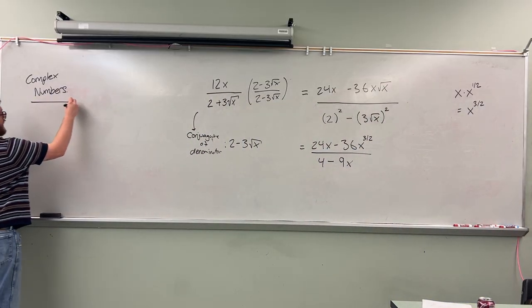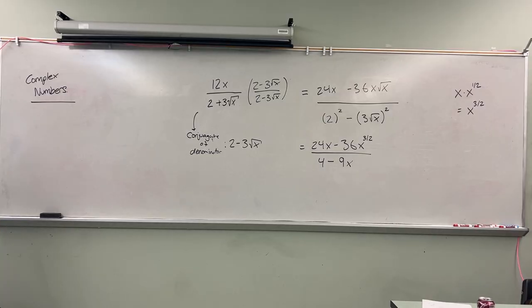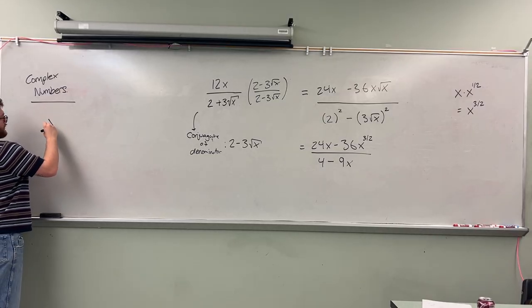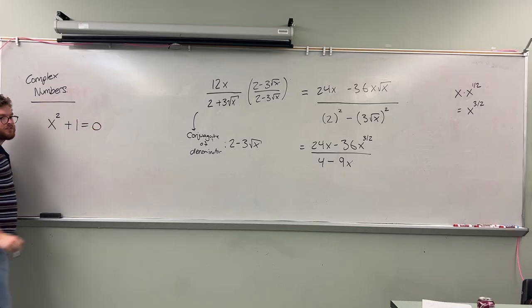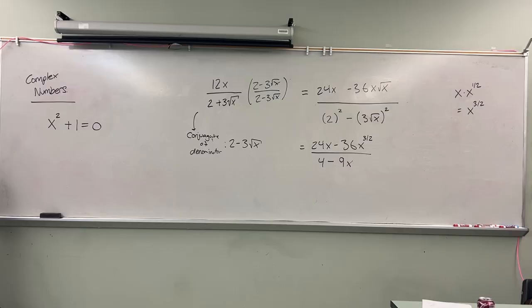So we'll start this by asking a kind of simple question. What are the solutions to x squared plus 1 equals 0? How would we solve this equation? It looks really simple, so it should be the case that we have a simple solution.